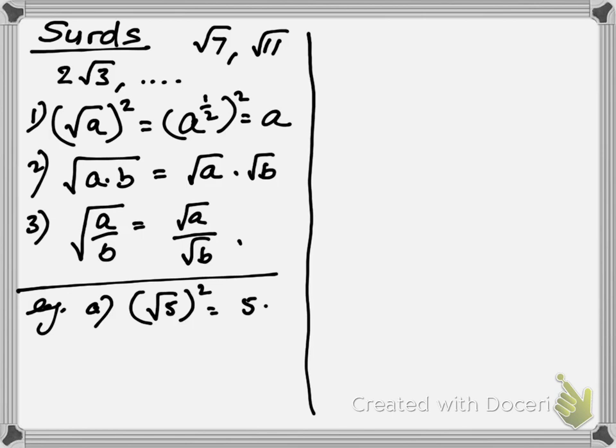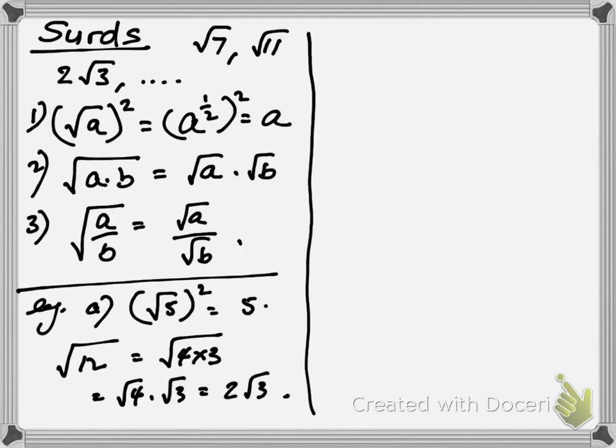If you have something like the square root of 12 to simplify, then that will be square root of 4 times 3, and you can use the second rule, which will be equal to square root of 4 times square root of 3. Square root of 4 is 2, therefore it will be 2 root 3.